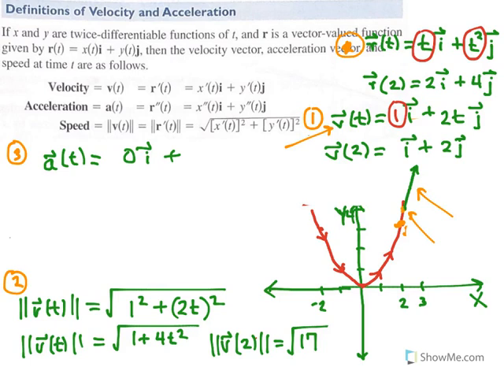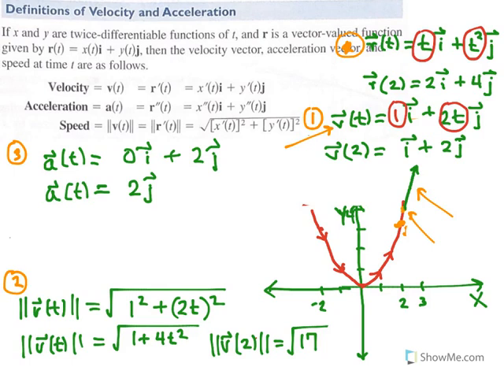And then take the derivative of the vertical component of the velocity function. The derivative of 2t with respect to t is 2. So you get 2j. So this is the acceleration function. It is a vector. It is called the acceleration vector. 0i, you don't have to write that if you don't want to. You can just write 2j. But of course there is a 0i there.